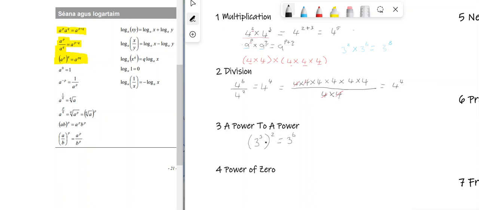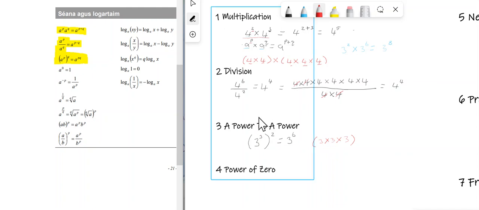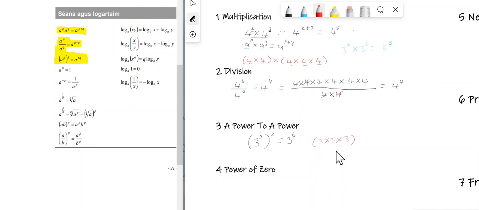And this makes sense. So why is this the case? Because, so what is 3 to the power of 3 to the power of 2? Well, what's 3 to the power of 3 first of all? So 3 to the power of 3 is just 3 multiplied by 3 multiplied by 3. And then if we take this and raise it to the power of 2, that essentially means this multiplied by itself.